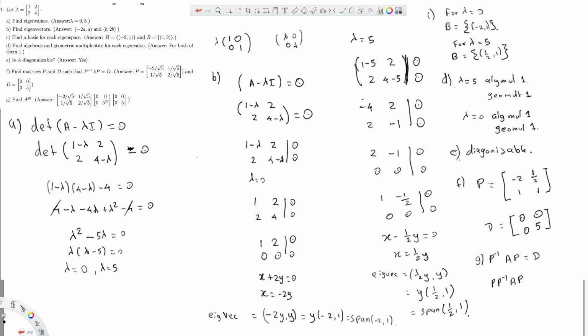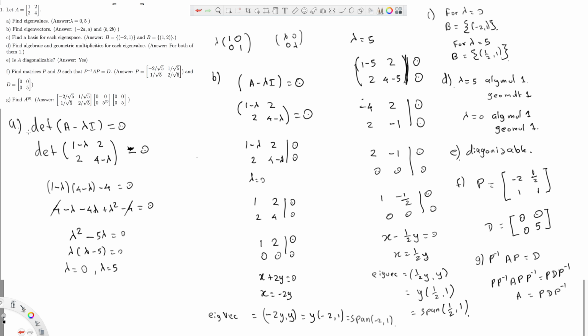To get rid of this P, I have to multiply by P inverse from the right side. And whatever I multiply on this side, I have to multiply on the other side too. If I do that, these will cancel. Therefore, the final result is A equals P D P inverse.